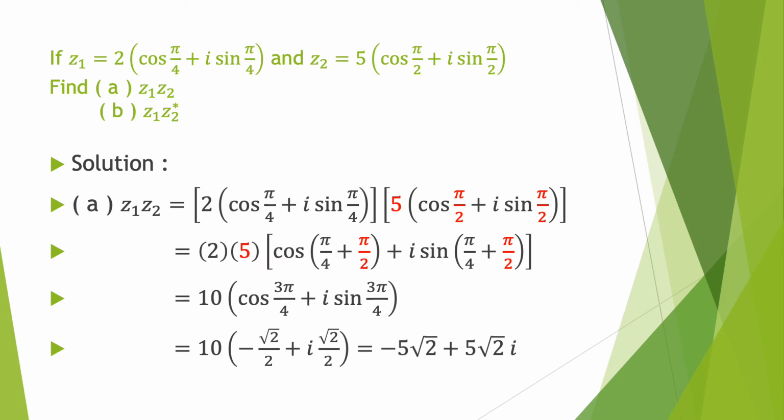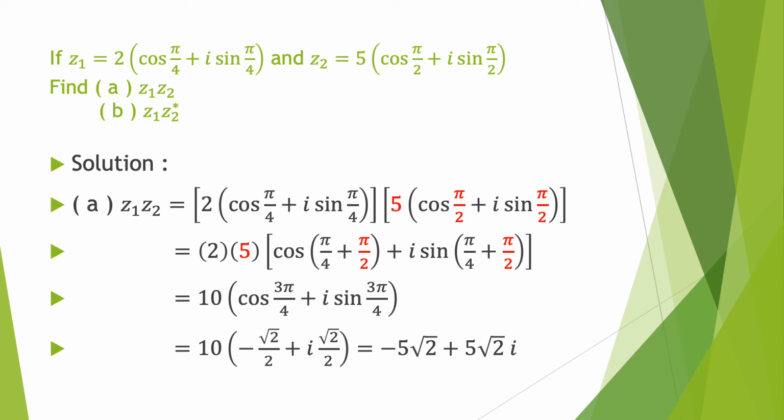Let's say we are given two complex numbers. Complex number z1 equals 2 cis pi over 4, and complex number z2 equals 5 multiplied by cis pi over 2. Find a, z1 multiplied by z2, and b, z1 multiplied by the conjugate of z2. Question a, we are requested to multiply the two complex numbers, z1 multiplied by z2.